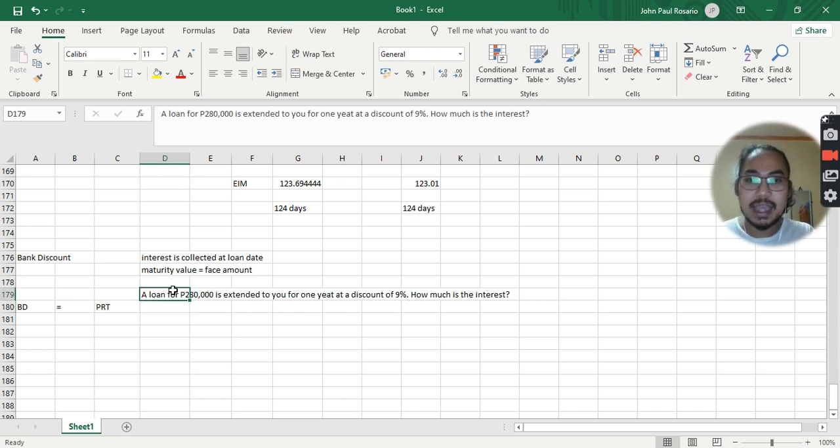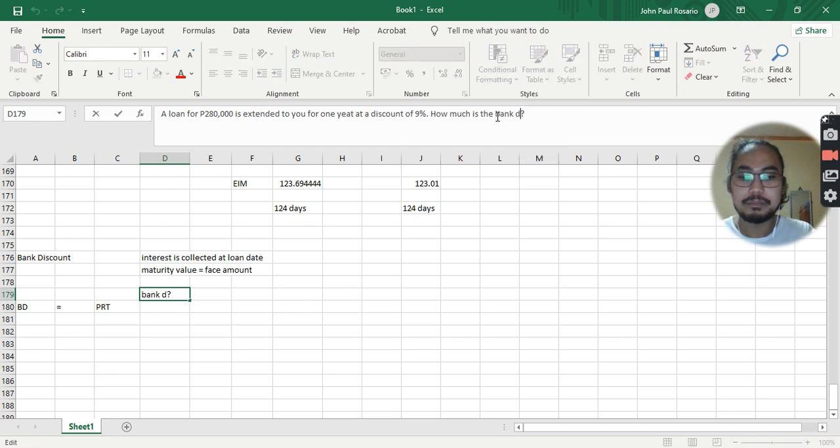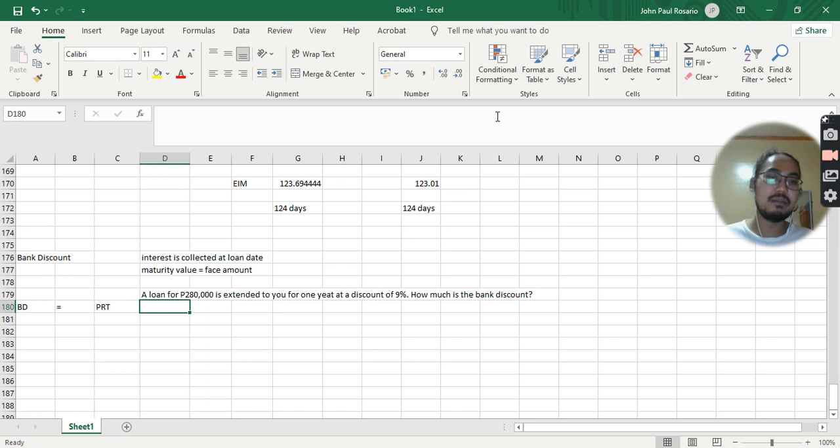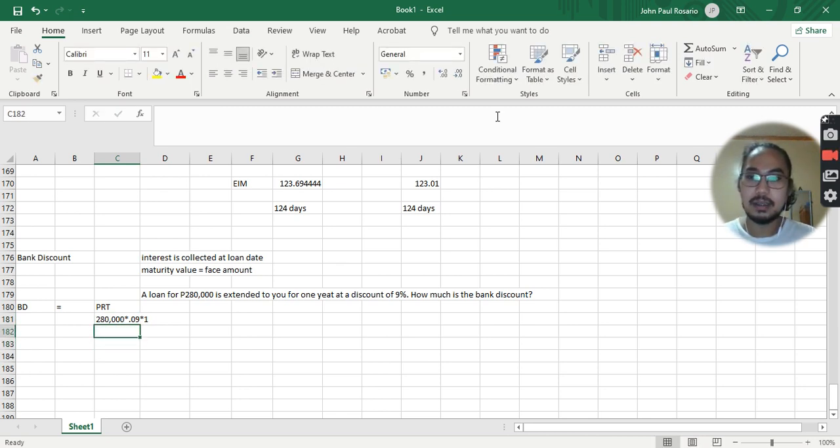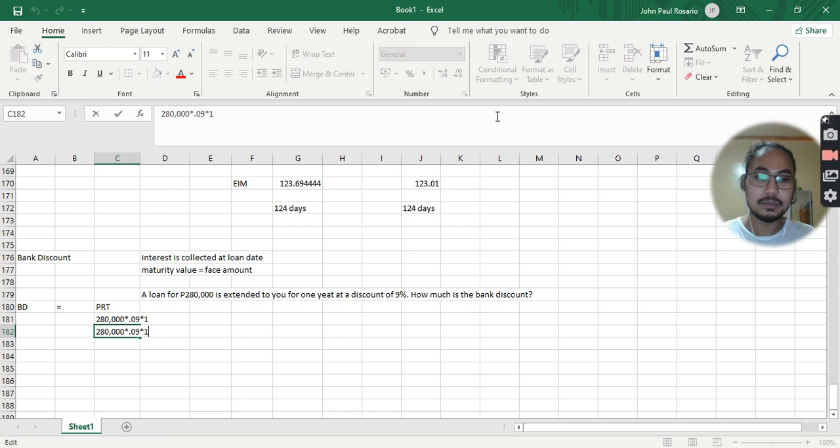How much is the bank discount? Okay, so how much is the bank discount? So same procedures. So 280,000, multiply that by the rate, which is 9%, and then multiply that by the time. So time is 1 year. So your bank discount will still be the same essentially.